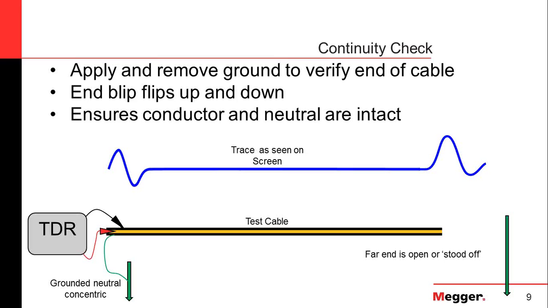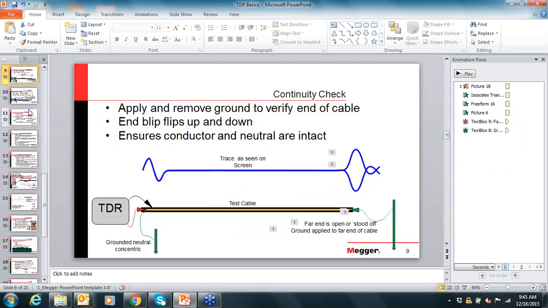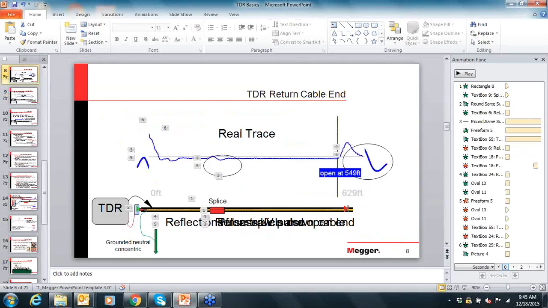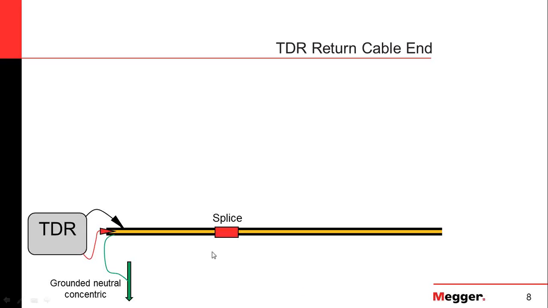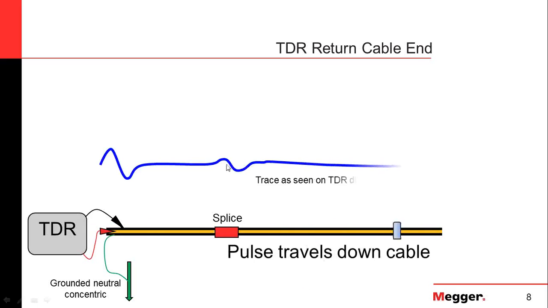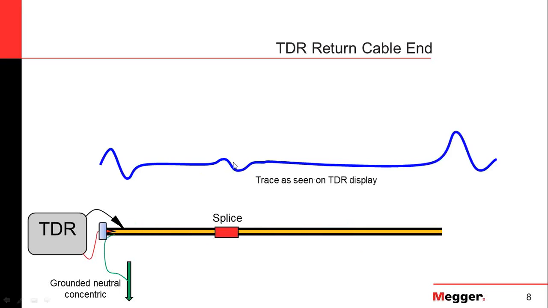If I'm understanding the question right, again, if we back up in the presentation to this slide, and this has a splice in it, we're going to get some kind of an impedance change like this. If this splice was poorly constructed, the chances of seeing it with the TDR, a difference between a good splice and a poor splice, is pretty slim.